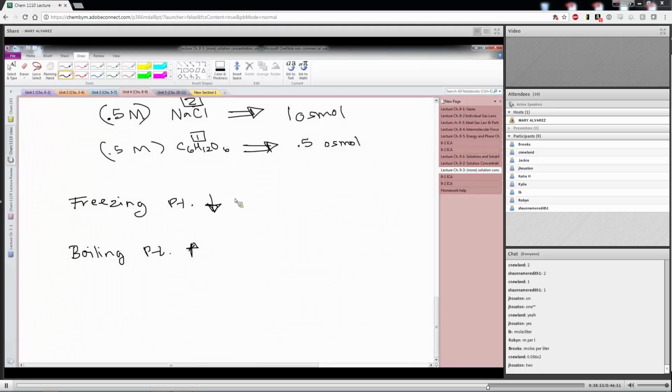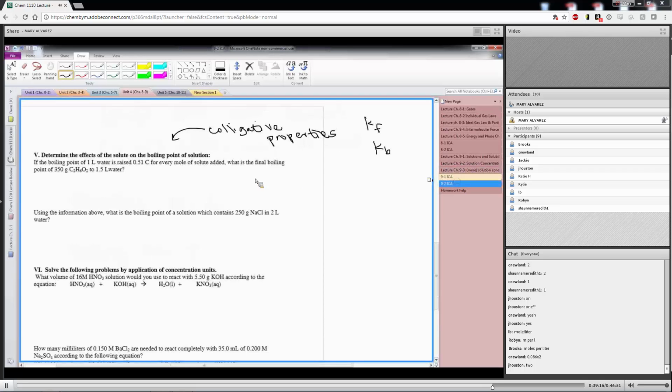This is why, for instance, we put salt on the roads when it gets icy, because then it lowers the freezing point of the water. It allows that ice to melt, and then that melted ice can flow off of the roads and they won't be icy and slick anymore. But these are given in degrees Celsius per, let's see, here we go.